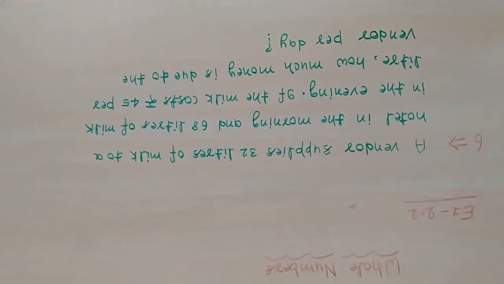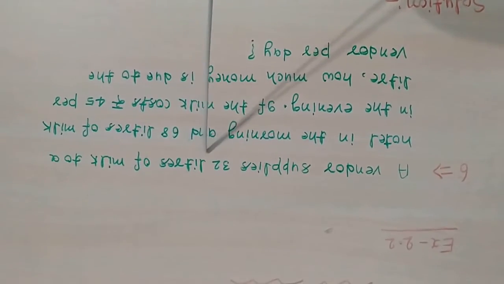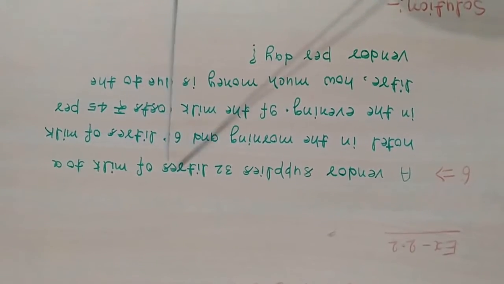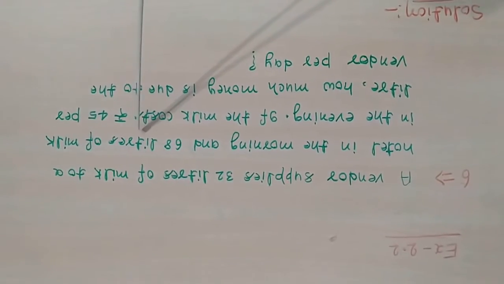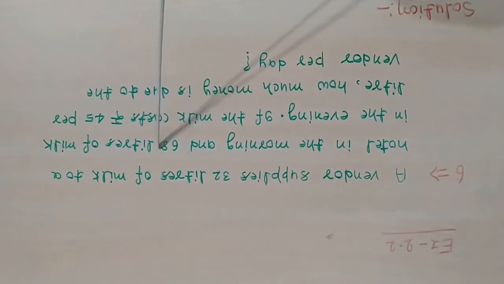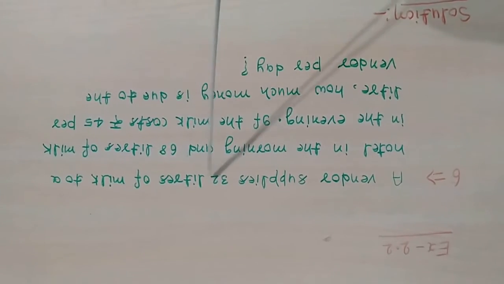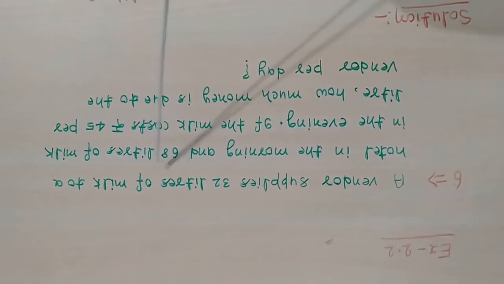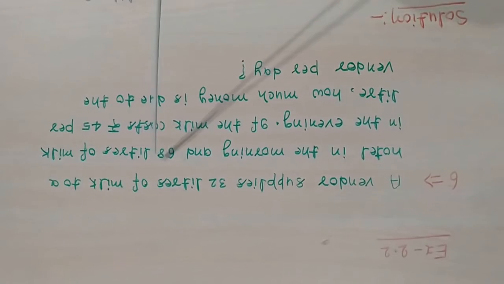Here in the morning 32 liters of milk and in the evening 68 liters of milk he supplies to a hotel. So total milk he supplied in one day is 32 plus 68 equal to 100 liters. He supplies 100 liters per day.